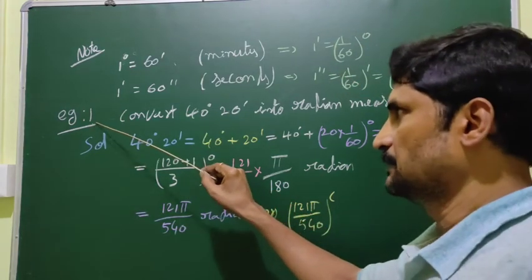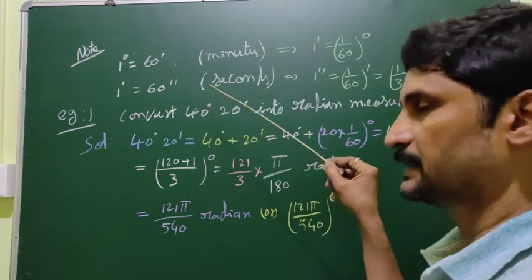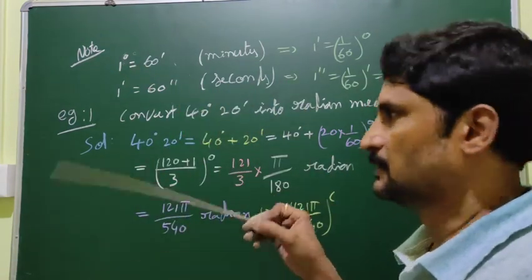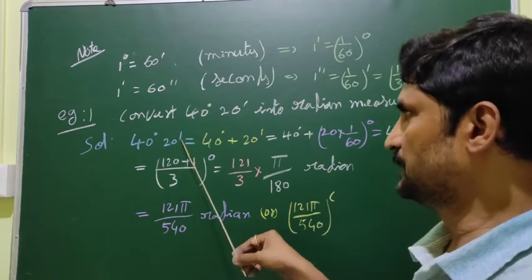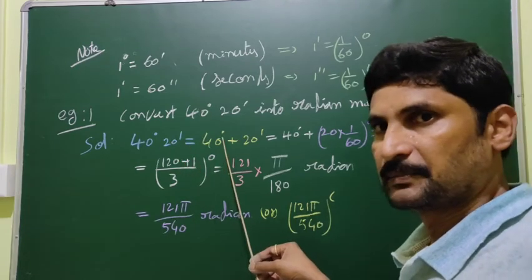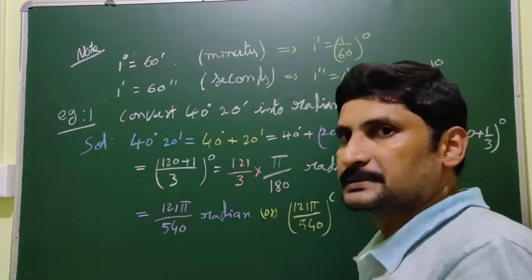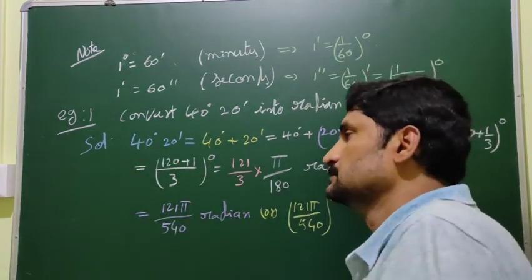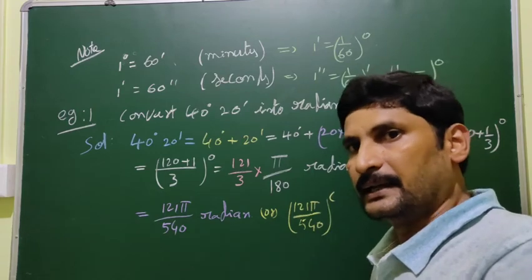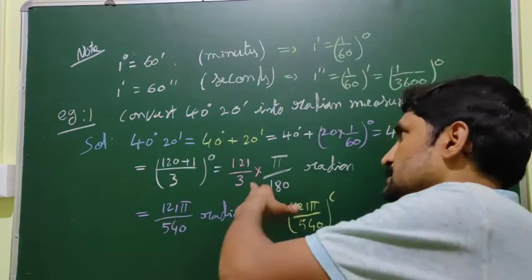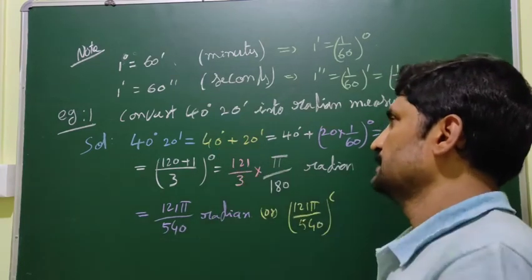Now see one example. Example 1. Convert 40 degrees 20 minutes into radian measure. Here 40 degrees and 20 minutes is equal to 40 degrees plus 20 minutes. How to read it? 40 degrees and 20 minutes means 40 degrees plus 20 minutes.